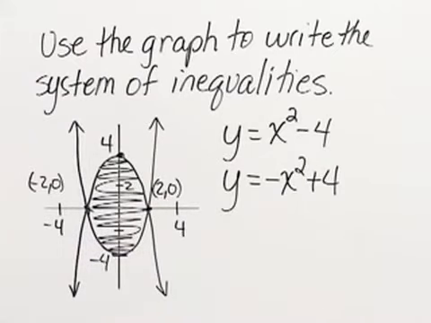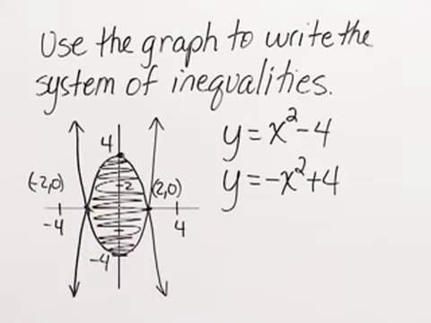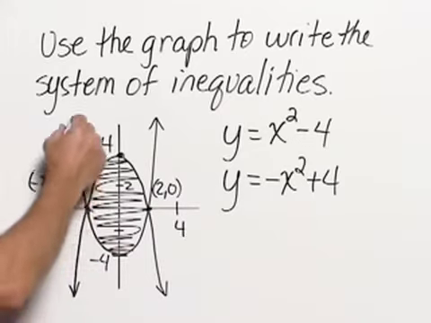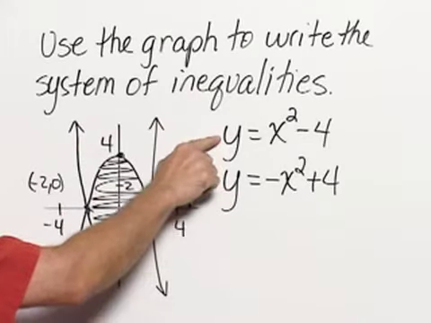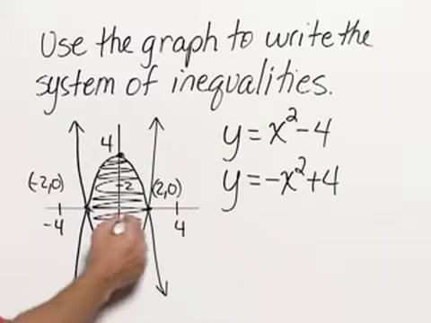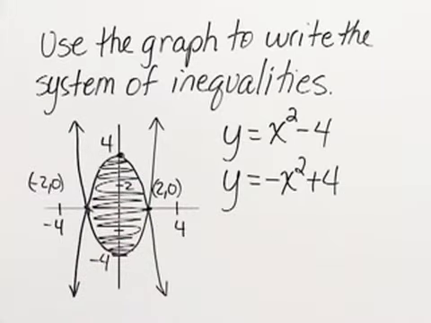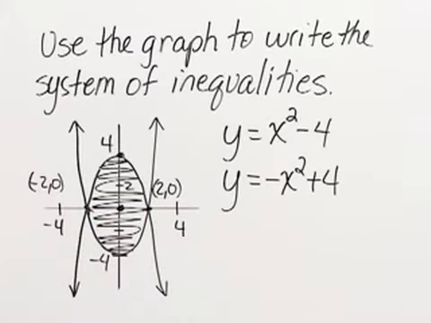Well, now in terms of the inequality, what are we dealing with? Let's notice that it's the stuff inside the two of them. So if we talk about this parabola first, the one in the first equation, what we're interested in is the values of y that would be inside that parabola. And so the question is, for instance, would (0, 0) satisfy it?